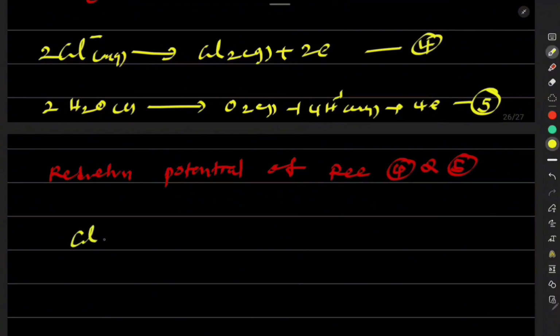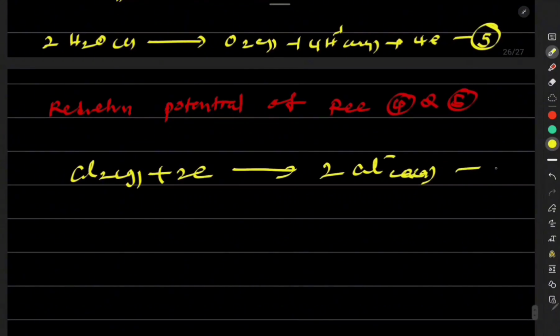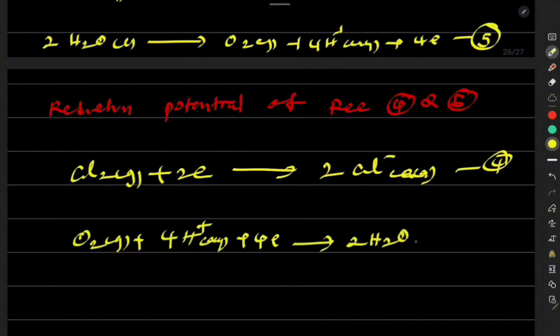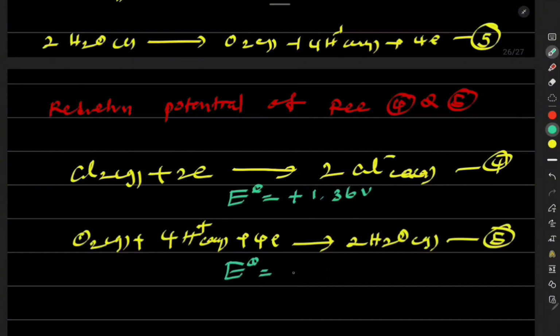Cl2 gas plus 2 electrons form 2Cl minus aqueous, and the fifth reaction, O2 gas plus 4H plus aqueous plus 4 electrons form 2H2O liquid. The reduction potential of the fourth reaction is plus 1.36 volts, and of the fifth reaction is plus 1.23 volts.